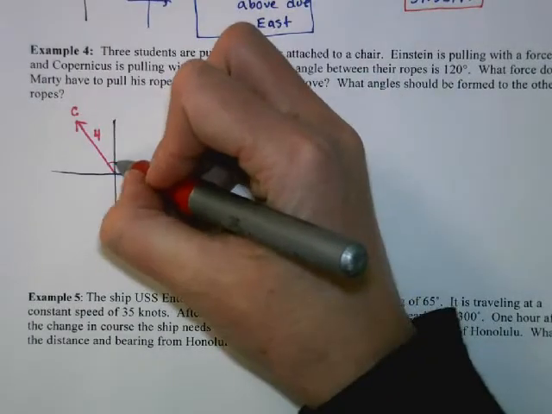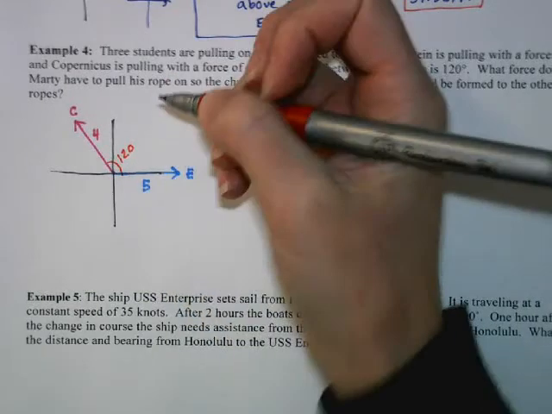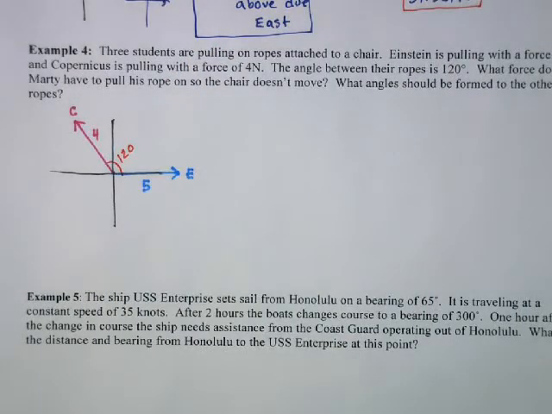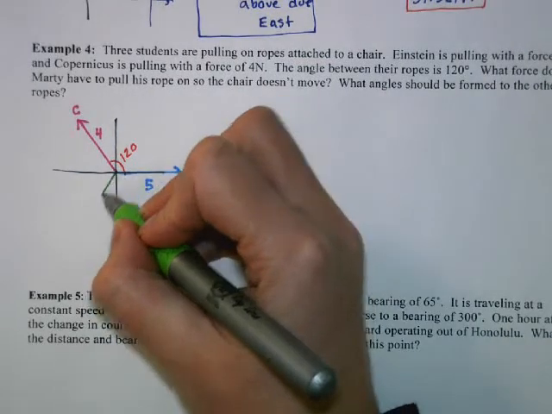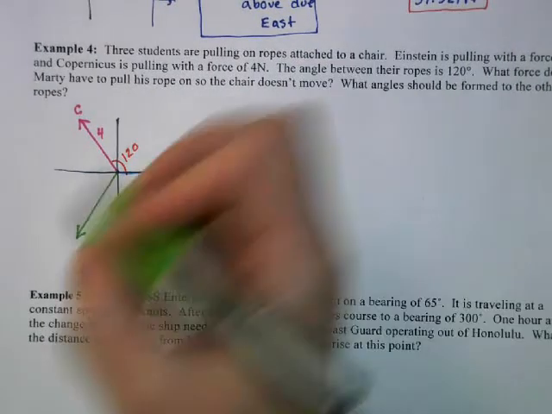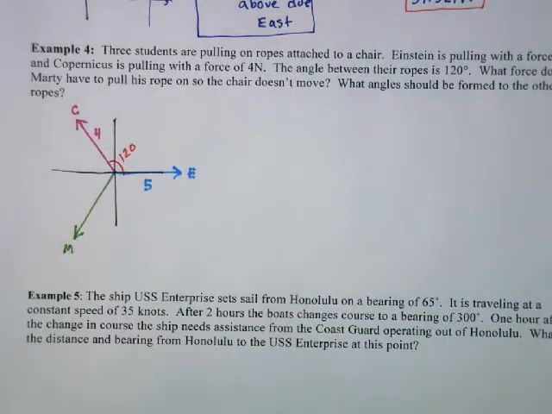This angle in here is 120. So you can pick where to put it. Like I said, positive x-axis is the easiest. Now if we think about this situation, the third party, if this guy's pulling here and this guy's pulling here, in general, the third rope is going to have to be somewhere here. Okay, we know that to be true.